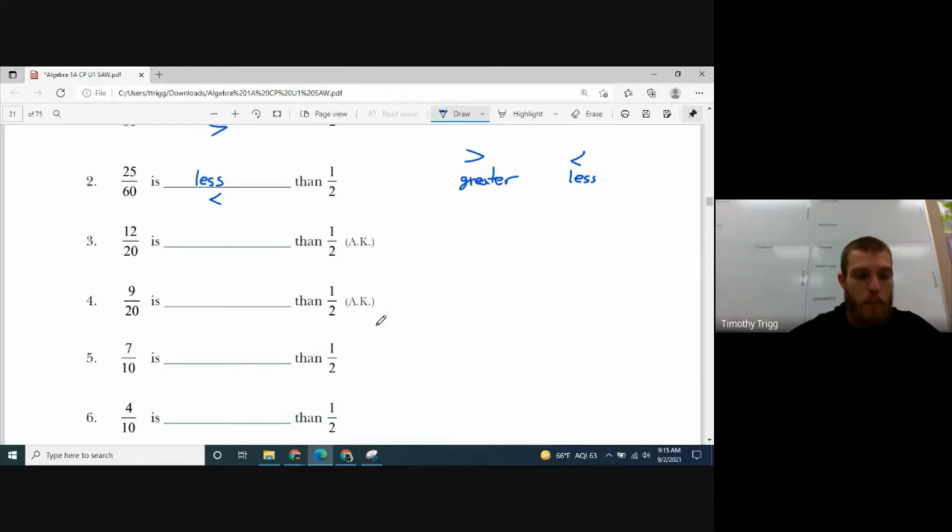Okay. What about 1/2 compared to out of 20? So if I did 1/2, that's equal to how many out of 20? So what would this numerator be in this fraction if I want it equal to 1/2? So what's half of 20? Well, 10. So you can think of it like getting questions right on a test, for example, right?